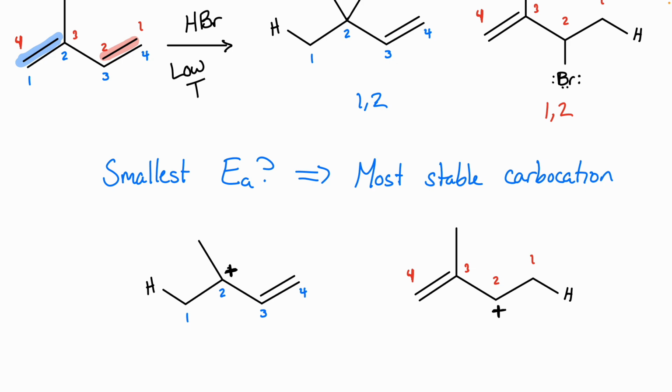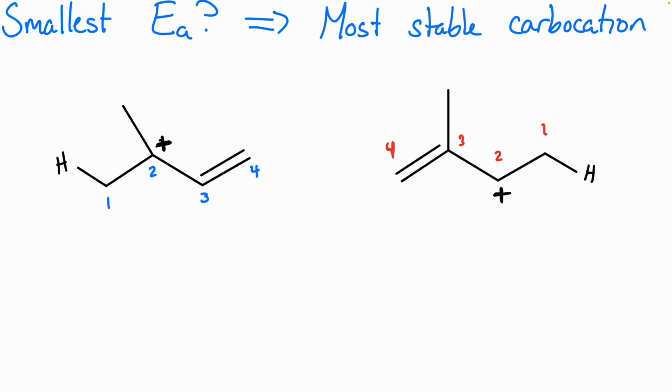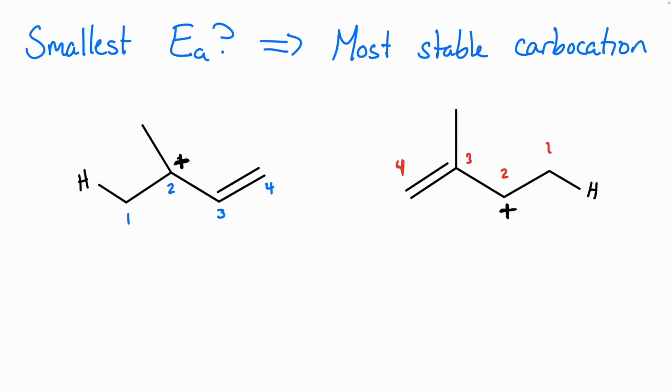Both of these are allylic, so they're both super stable from that perspective. But to break our tie, one of them is more substituted allylic than the other. So which one of these is going to be the most stable carbocation, the one on the left or the one on the right?